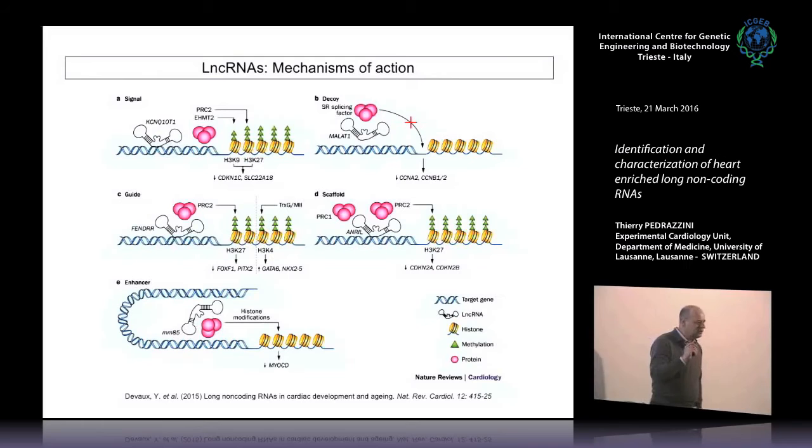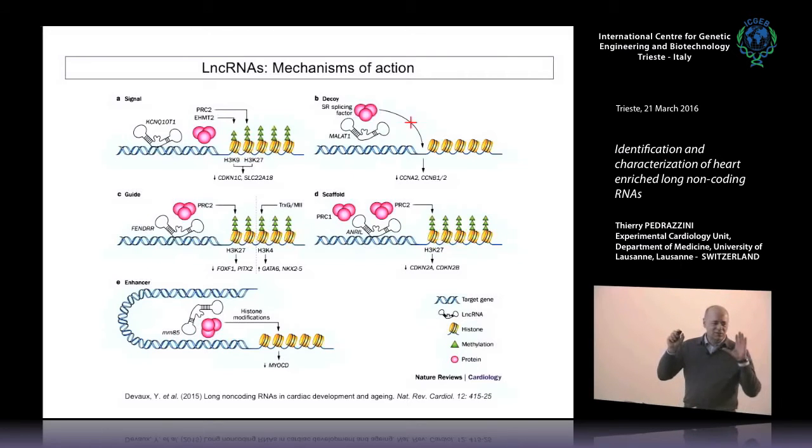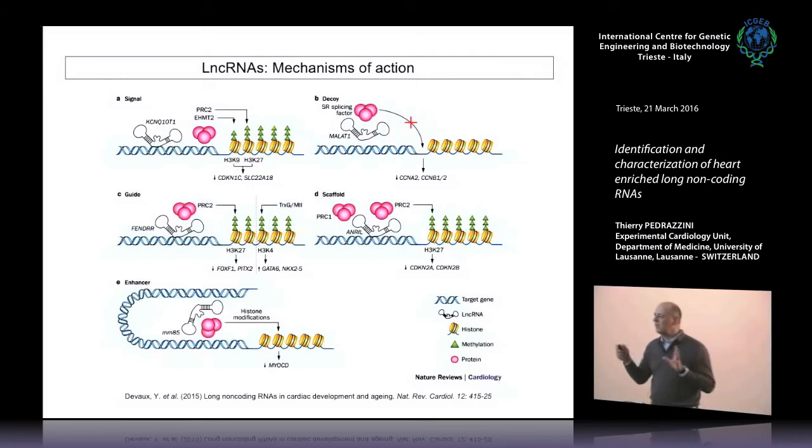So the mechanism of action of long non-coding RNA has been defined in different fields, in different experiments. But mostly what lncRNAs do is they associate to chromatin modifiers, and they give a non-specific system, such as the chromatin modification, a specificity.